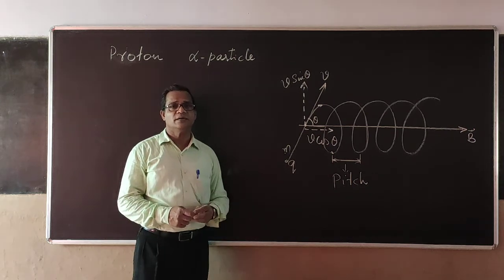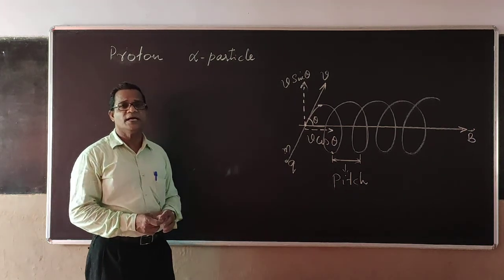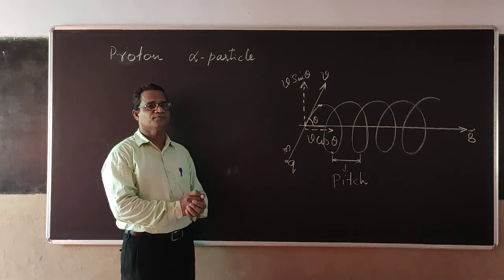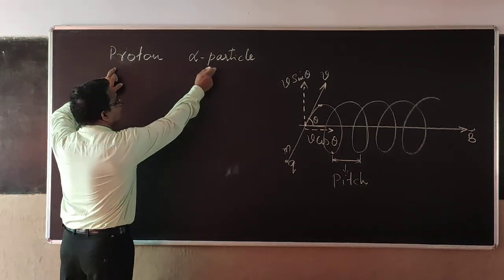Then what is the ratio of the radii of the paths? This is the question. So the particles are proton and alpha.